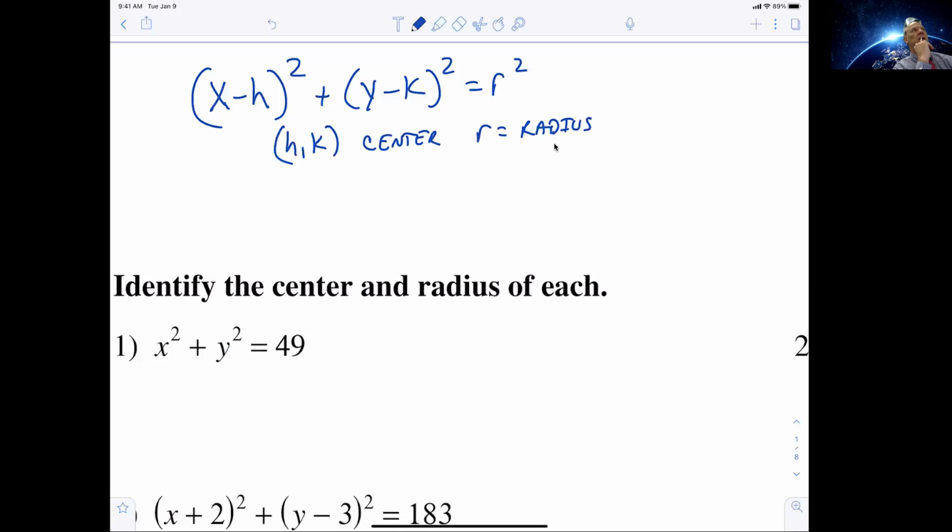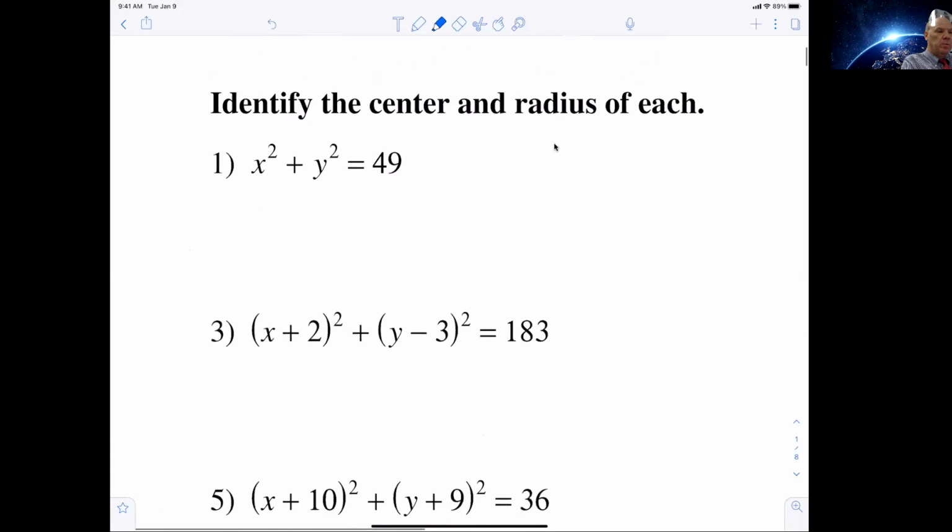Notice this is negative h, but out here it's positive h, so those are just opposite values. Same thing over here: negative k, positive k. So h and k are the x and y coordinates of the center of the circle, and r is the radius. That is just something you have to know in order to be successful.